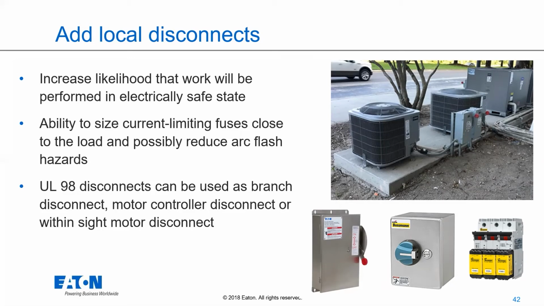We see this requirement, you can see here, for air conditioning units that are outside. But there should be requirements, or they're not necessarily requirements, but it's a really, really good design philosophy for any type of machine or equipment that needs regular maintenance.